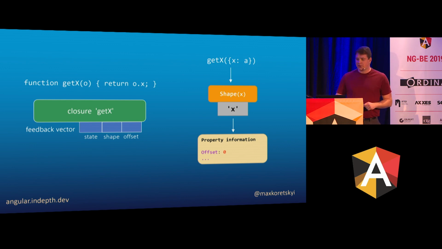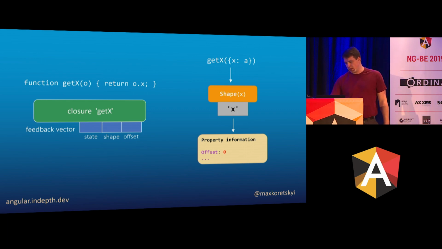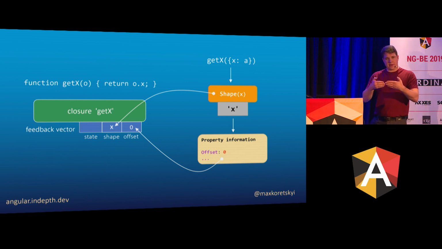So once it resolved the shape, resolved the metadata, resolved the offset, it now knows exactly the address where it can find the property value next time. OK, so it needs to cache it, so it puts the offset here. But remember I told you, right, we need something to compare against. So this shape is what we also put in the cache.